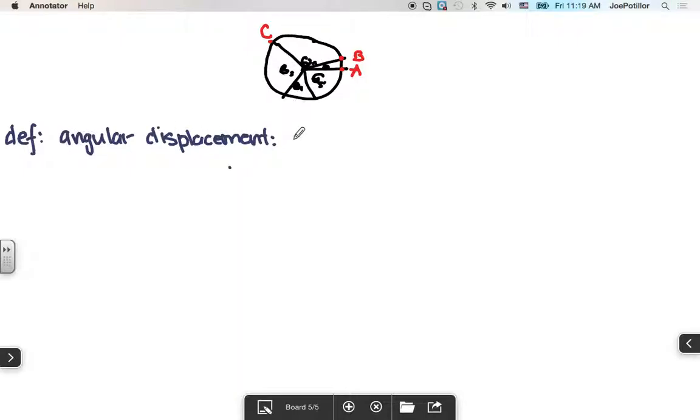It is of course the change in angle. So the idea of a change in angle is expressed simply as delta theta. Delta theta is of course theta final minus theta initial. Okay.